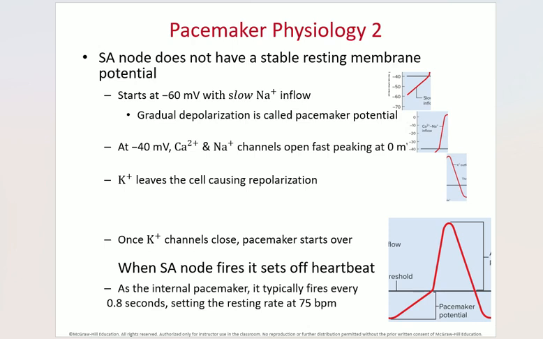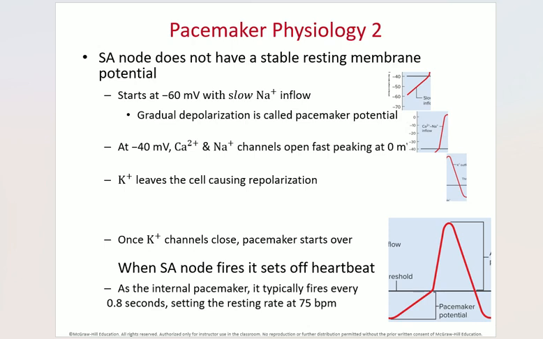So we're going from negative 60 millivolts, adding sodium. Once we get to negative 40 millivolts, so we're getting more positive, right? Less negative. That's where the calcium and the sodium really rush in and go all the way up to 0 millivolts. So now we've gone from negative 60 millivolts to 0 millivolts very rapidly.